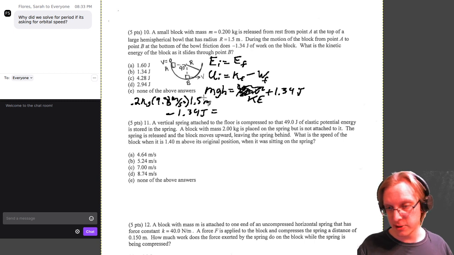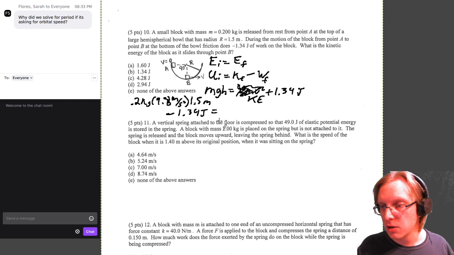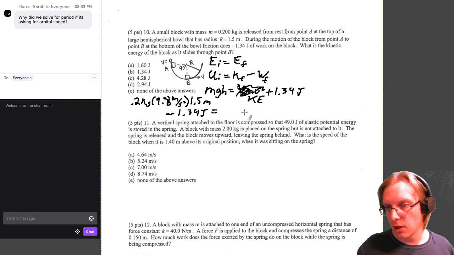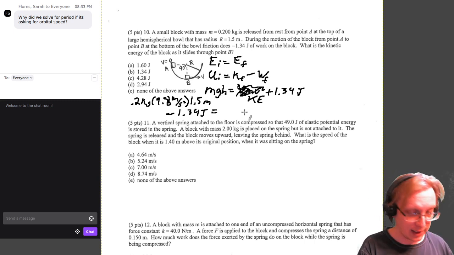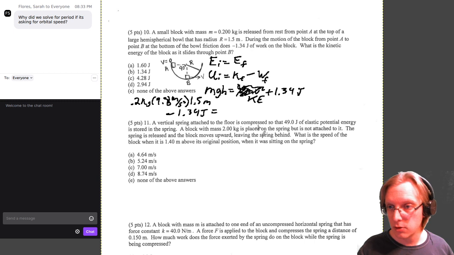Meter times meter is meter squared per second squared times kilogram is a joule. Or you can look at it another way. A meter per second squared times kilogram is a newton times meter is a joule. All right. 0.2 times 9.8 times 1.5 minus 1.34 is 1.6 joules.